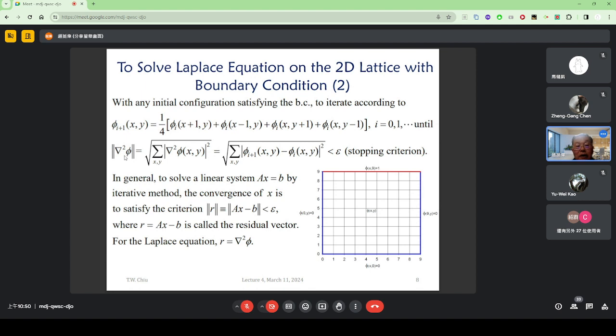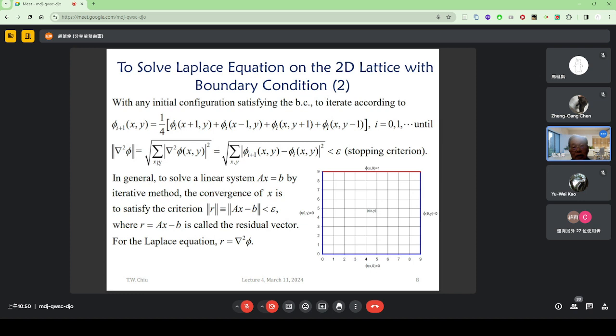Now I compute this. You can imagine the whole thing is a vector. So take each element of this vector at each site, the absolute value squared, and then sum over all elements of this vector.